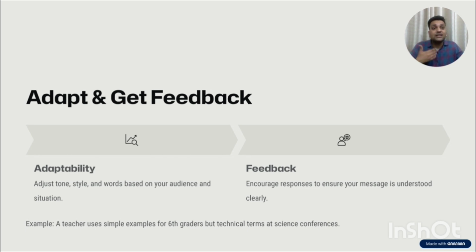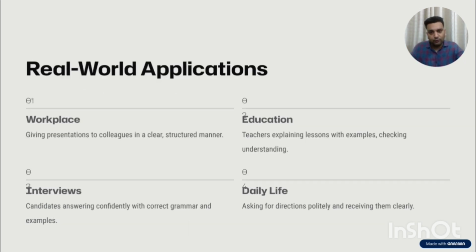Don't use the same kind of examples again and again. Try to adjust your style of speaking. Try to use different types of words in order to explain better, and that should be suitable to your audience. And never forget to take feedback. Taking feedback is very important for doing some kind of correction and improvement.